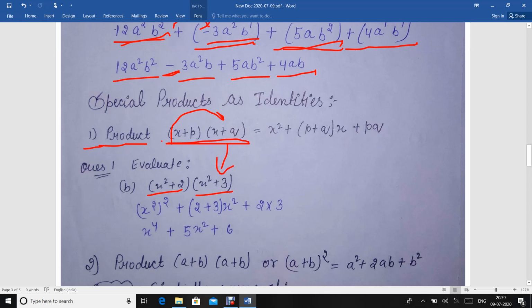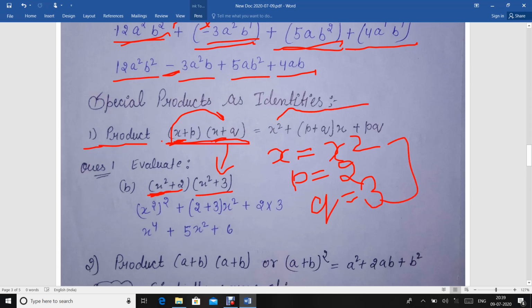So on comparing, you will get x is equal to x square. See, at the place of x you have x square, at the place of p you have 2, at the place of q you have 3. So put all these values in this equation.